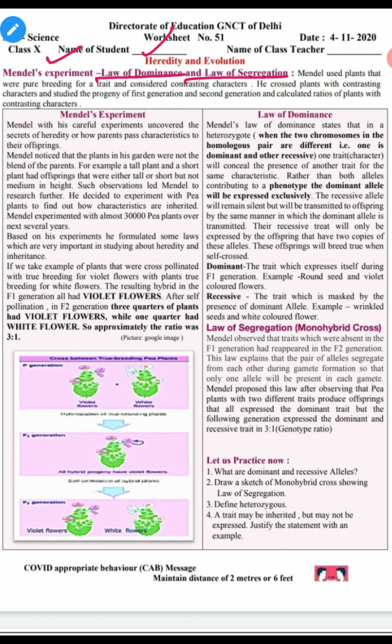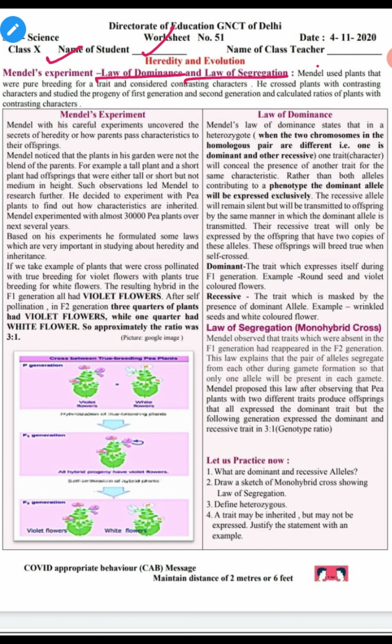Okay, so what Mendel did, Mendel used pea plants of pure breeding for the trait and considered contrasting characters, right? He used pea plants of contrasting characters but taking pure breeding.